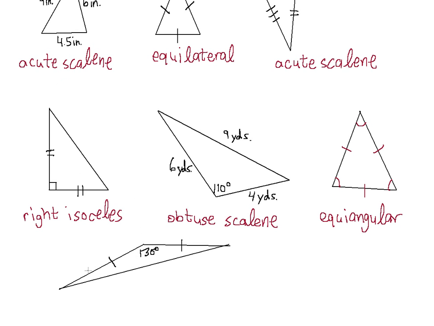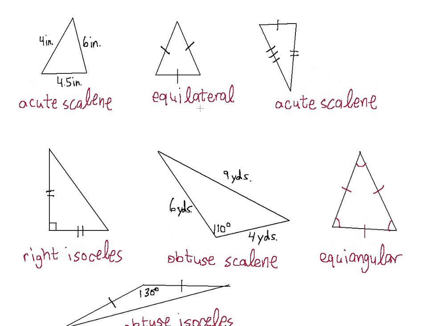We can either write some lengths right here, or just put 2 dashes here to clarify that these 2 are congruent sides. So here's our obtuse isosceles.